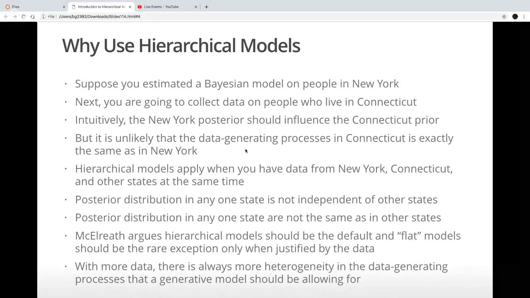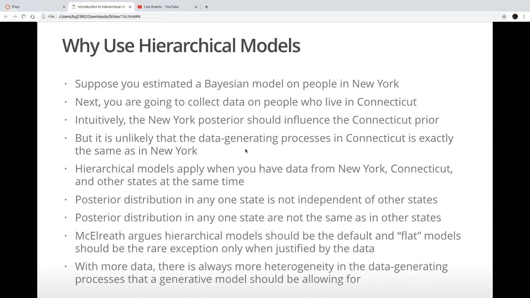You would want to add a lot more variance to the posterior distribution that you obtained from New York if you were to use it as your prior for the data generating process in Mississippi. So it's just about taking data generating processes that are similar to a greater or lesser degree and allowing the posterior distributions that you get from one state to influence the ones from another state.